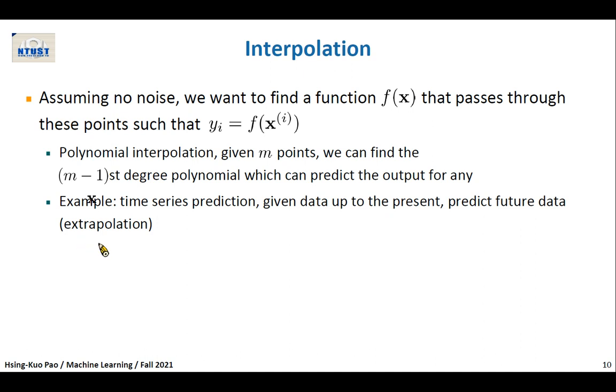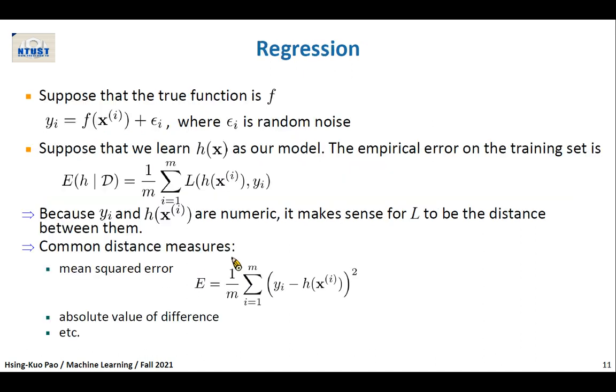So we talk about interpolation, right? Then just like what we say, there's an error function. Usually we call it mean square error, which is quite common. If you've heard about MSE, that's the thing that we mentioned here.